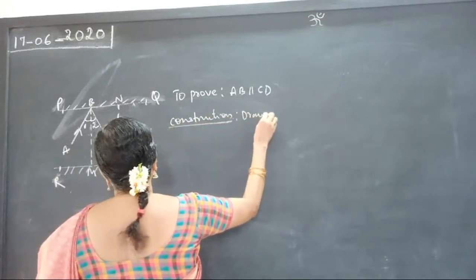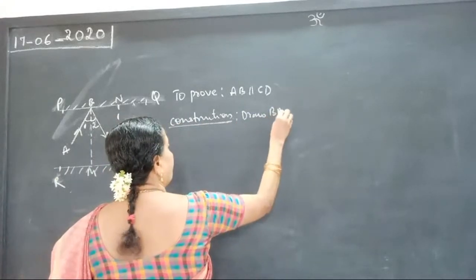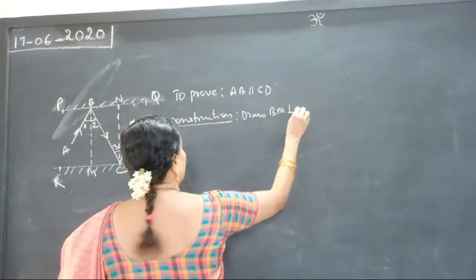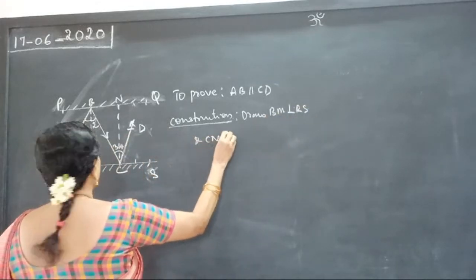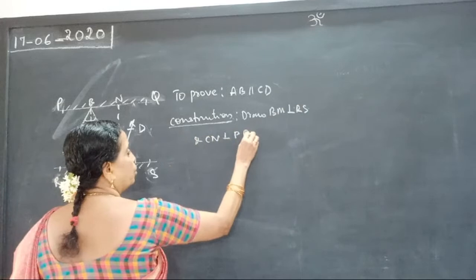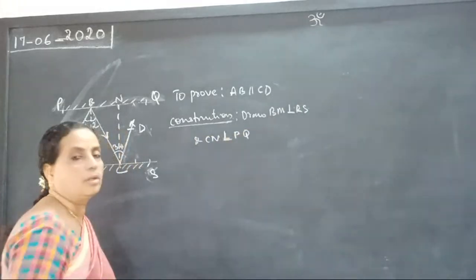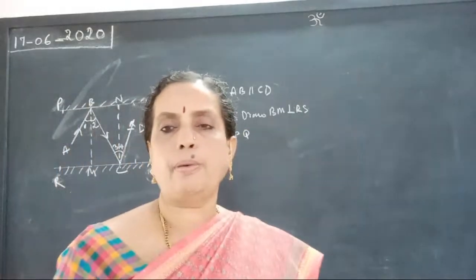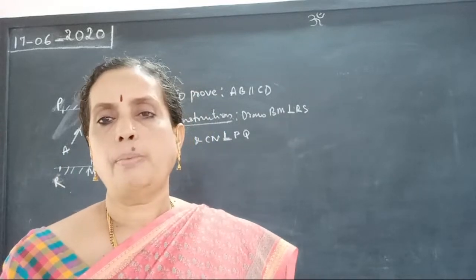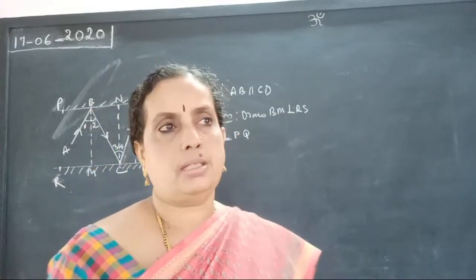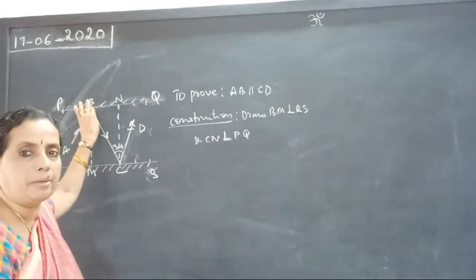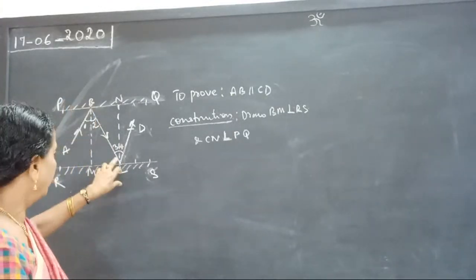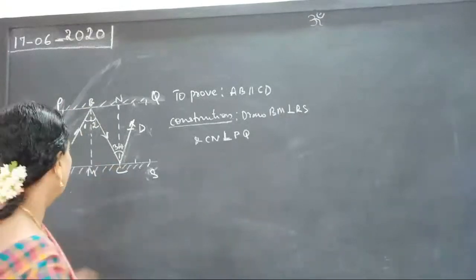Draw BM perpendicular to RS and CN perpendicular to PQ. They are the normals, meaning perpendiculars drawn at the point of incidence. The point where the ray hits and reflects is called the point of incidence. Reflected back, reflected here. Okay.